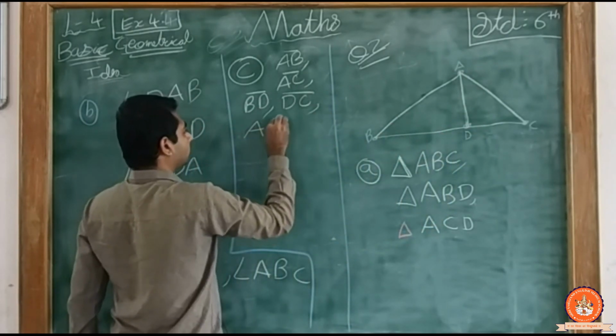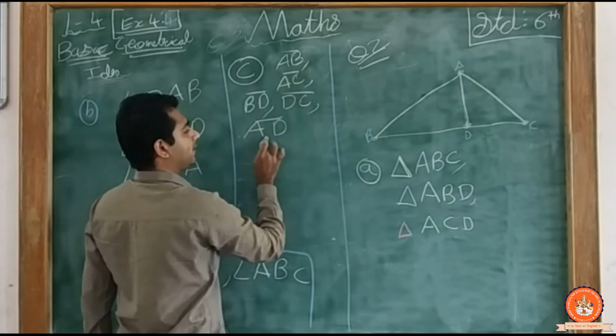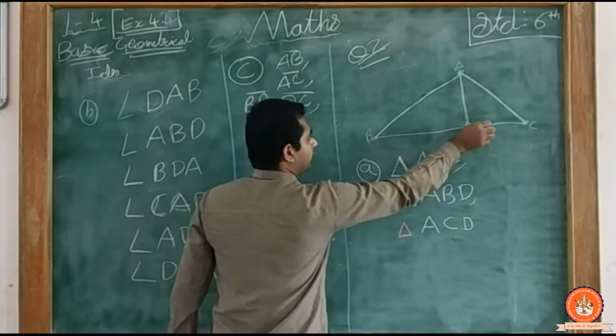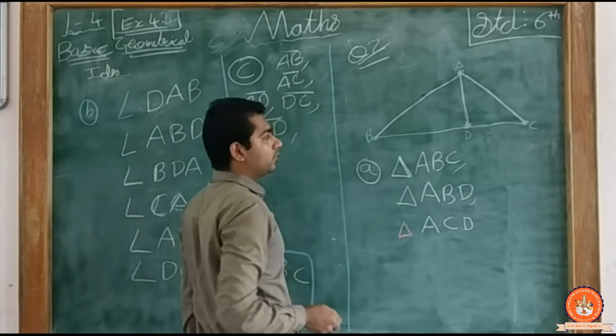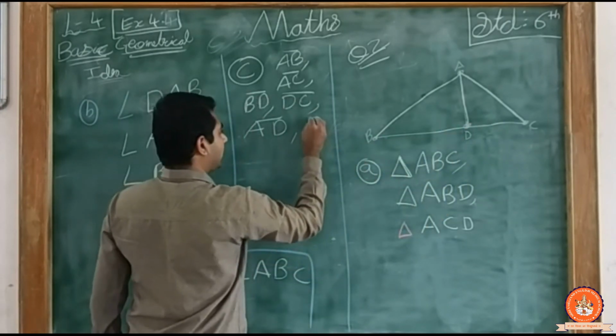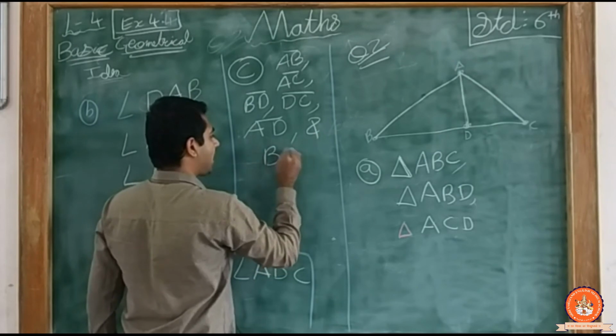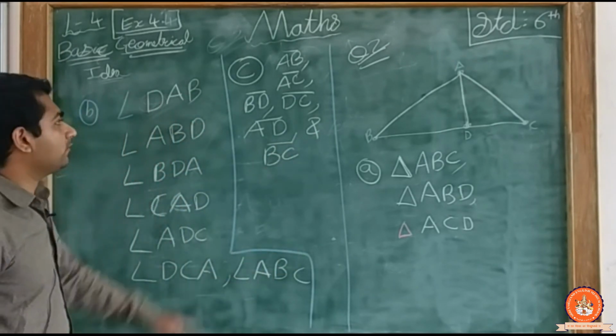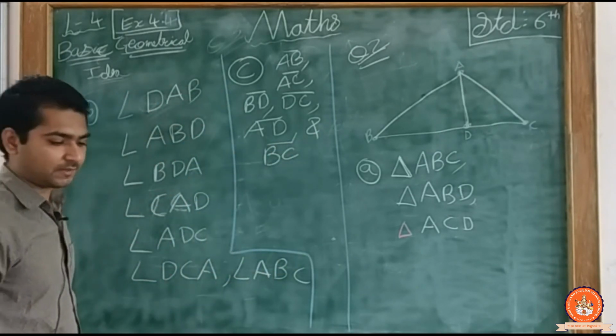How many? 1, 2, 3, 4, 5. Last one, if I don't have this D point, it should be BC. So I can write BC is my last line segment for the answer of question number C.